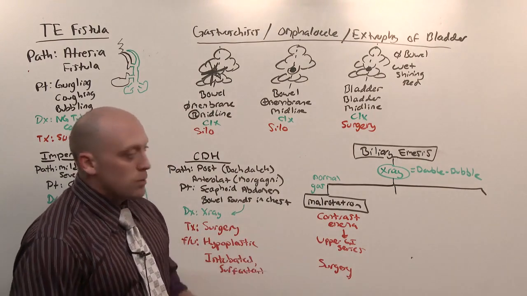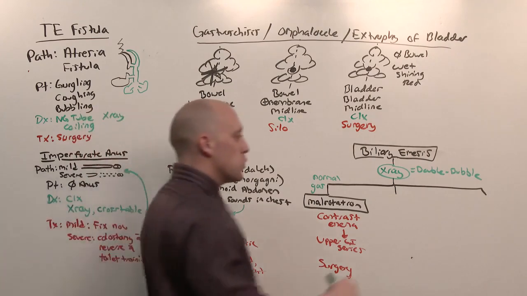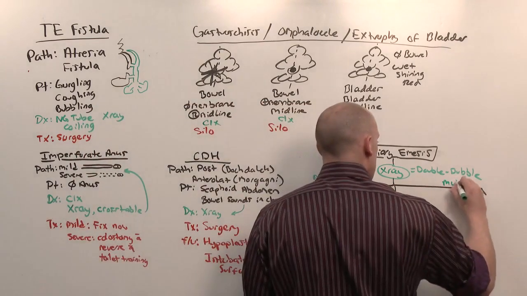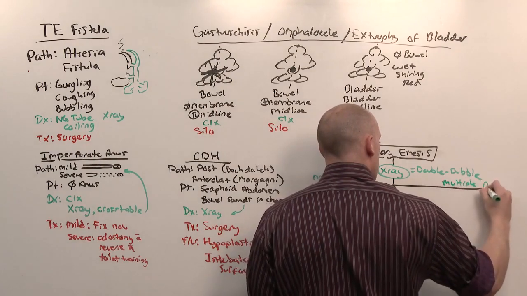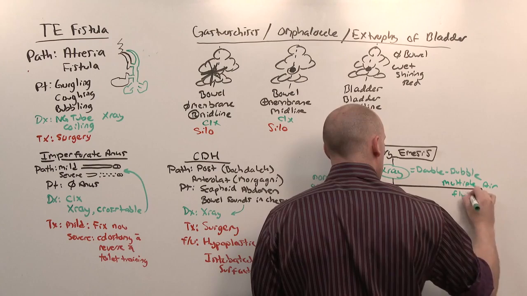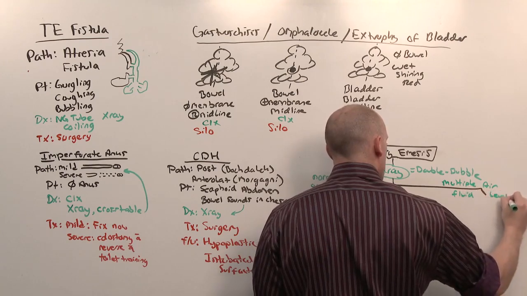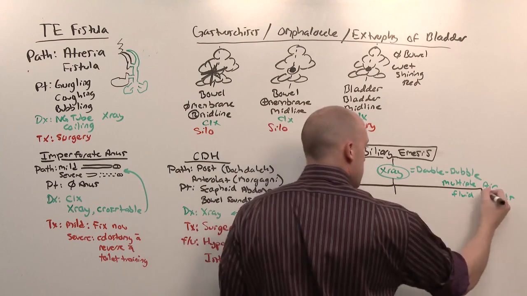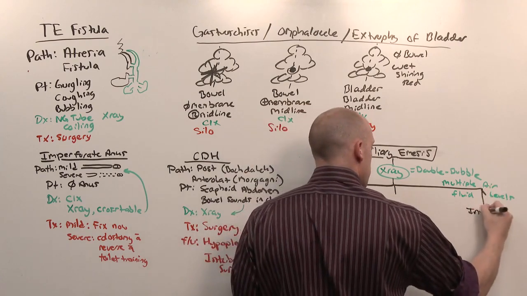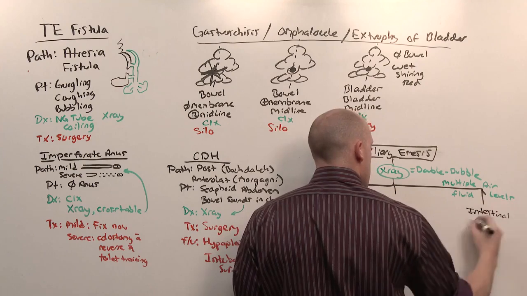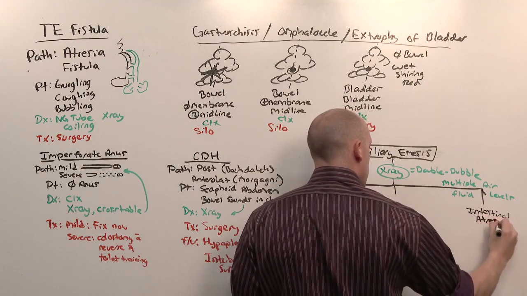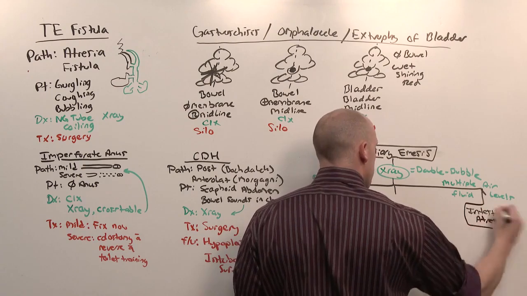If instead you have a double bubble and multiple air fluid levels, this is going to be intestinal atresia. Intestinal atresia is caused by in utero infarcts.